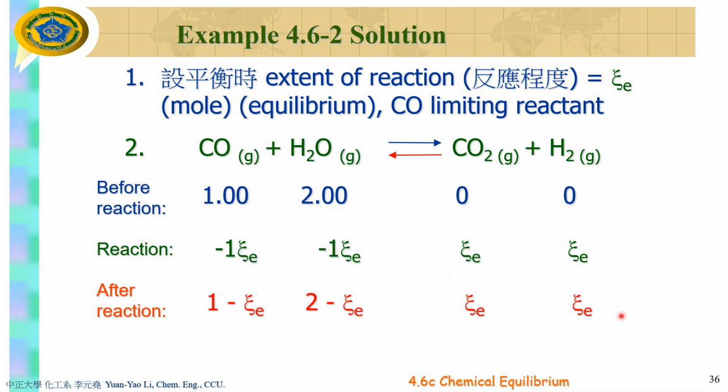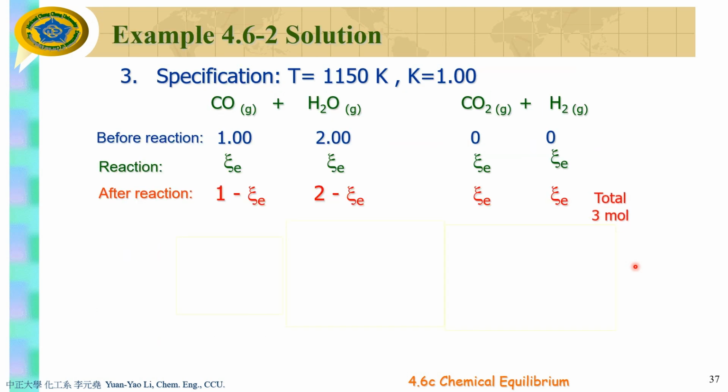So this is after reaction, and then you understand the equilibrium coefficient is K equal to 1. According to this, you know that this is a total of 3 moles. And you need to find out the fraction, right? K equal to 1 and equal to this.